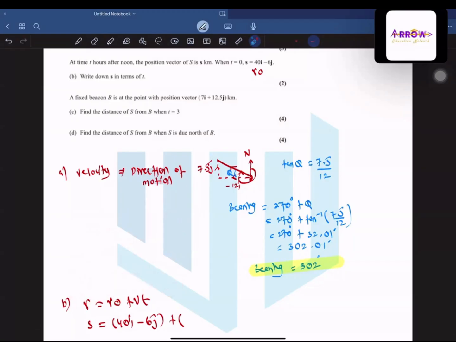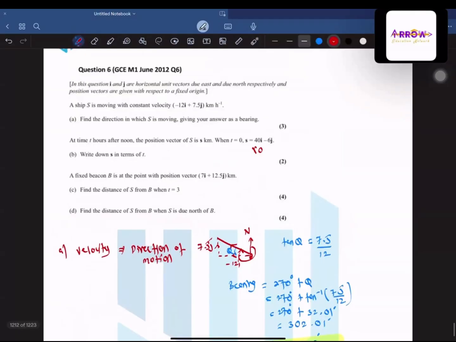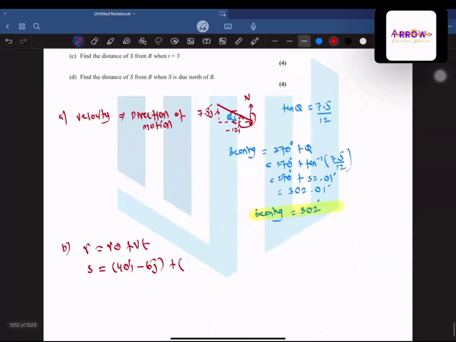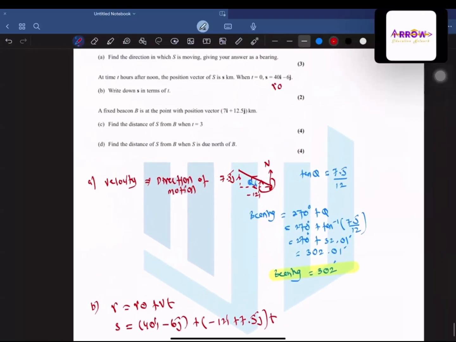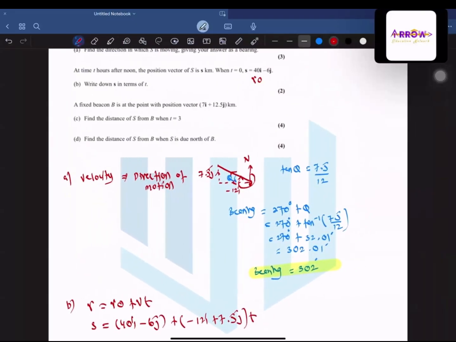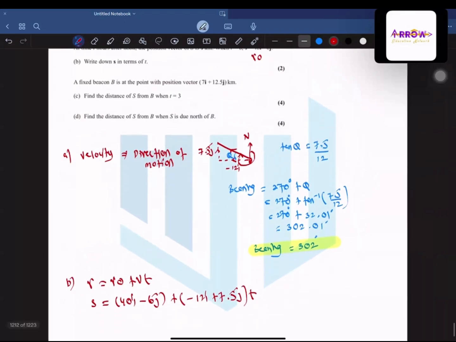The constant velocity vector is given to us in the question, which is minus 12i plus 7.5j, so we put it in here. If you leave your answer in this form, that is perfectly fine, no worries. You are going to get your full 2 marks. But you can perform one more step, which is quite helpful for the further parts.